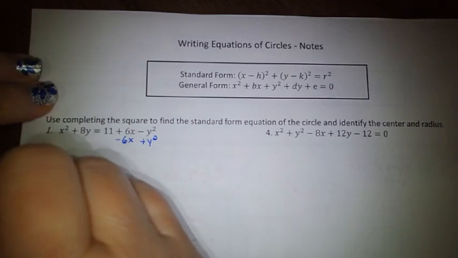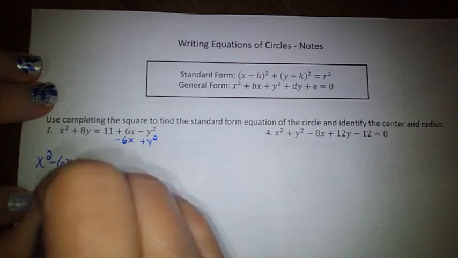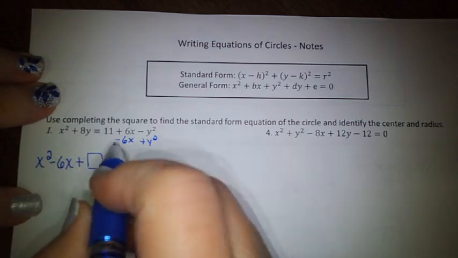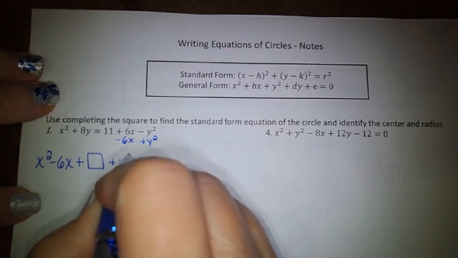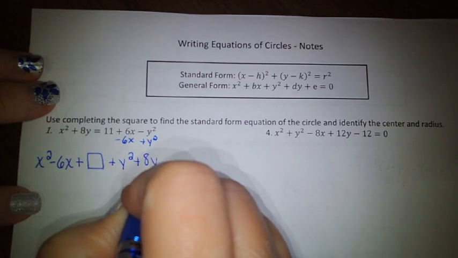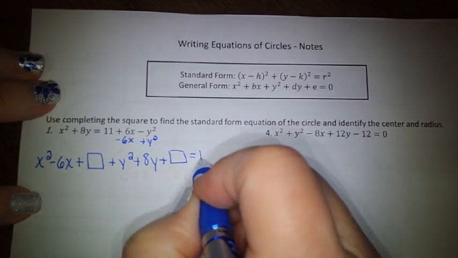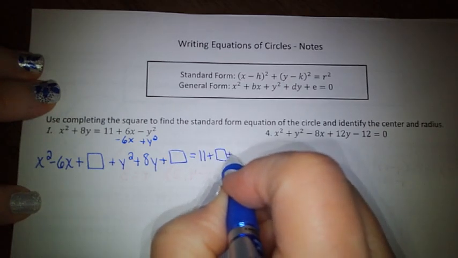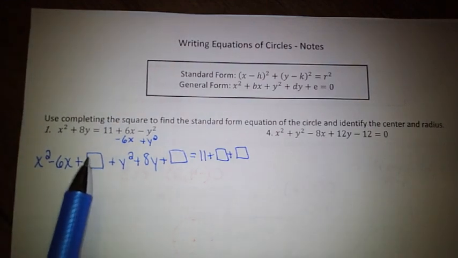And I'm going to group them together: x squared minus 6x, and I'm going to leave a little space here, because there's a number that's going to go in that box that'll be helpful to us, plus y squared plus 8y plus another box equals 11. Now I'm going to duplicate those two boxes on the right hand side so that I remember whatever I did to the left hand side, I have to do to the right hand side.